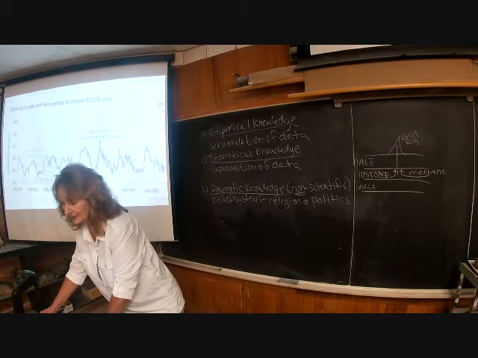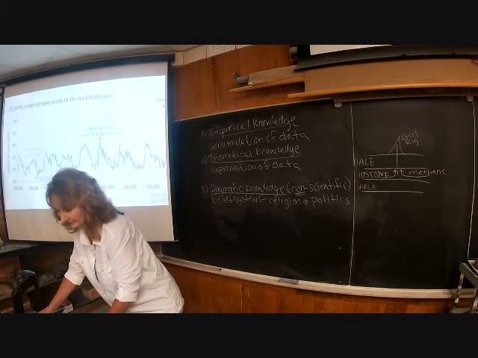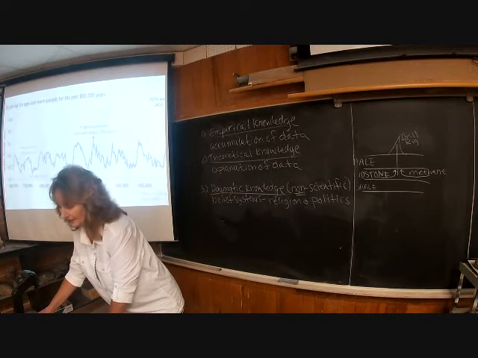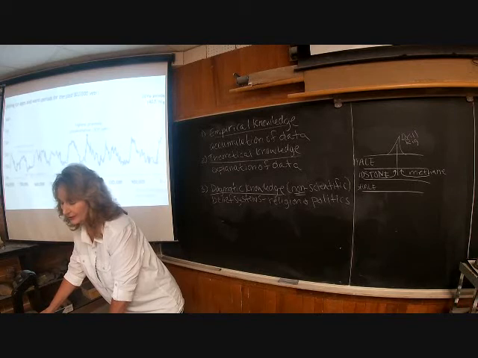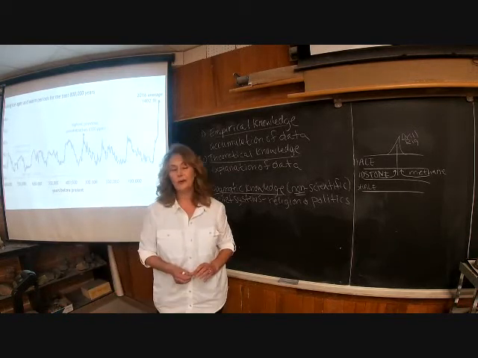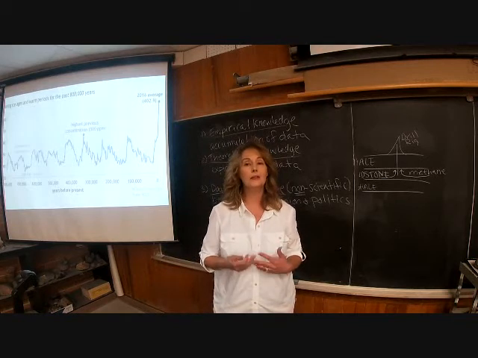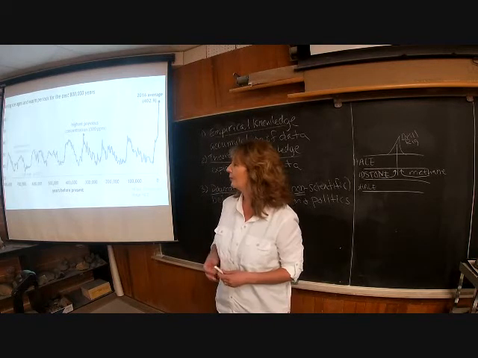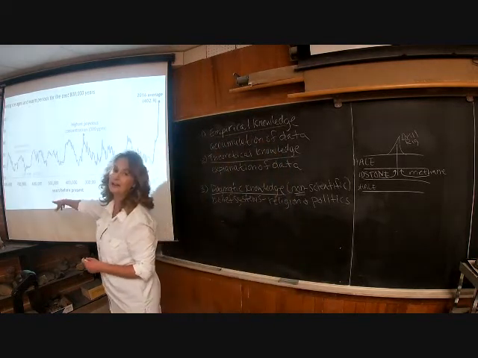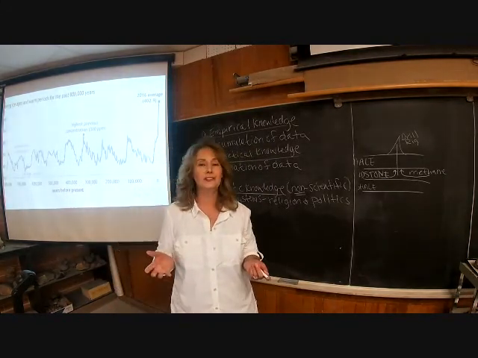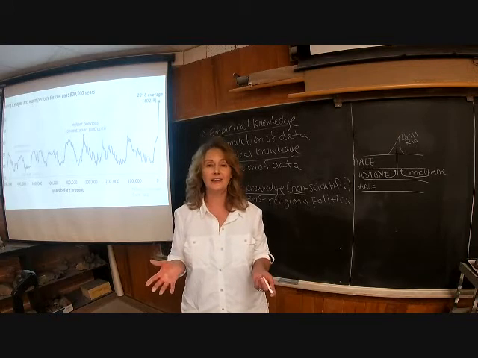So this here is the amount, I can't get it all in one screen there, but it's showing the amount of carbon dioxide parts per million in the atmosphere way back. So we're going 800,000 years ago. You're thinking, we didn't have any meteorologists 800,000 years ago. How do they know this?